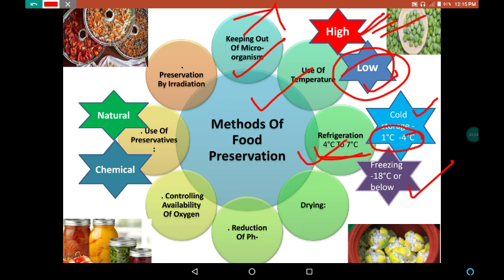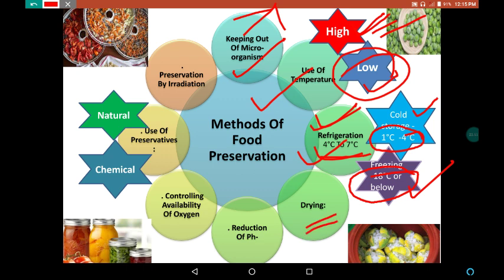Another method is freezing, that is minus 18 degrees or below. Freeze the food below minus 18 degrees. Refrigeration is a process which we do at our home.